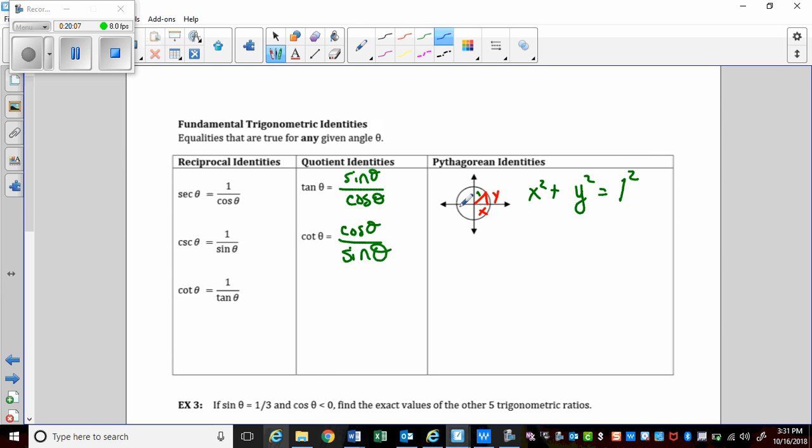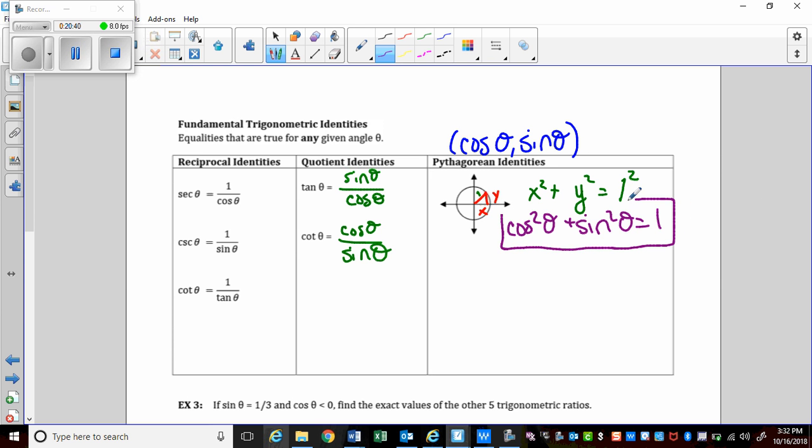But you guys know also that on the unit circle, cosine is my x's and sine are your y's. So I can use this information to show you that x squared, well, cosine are my x's, so cosine squared, plus y squared, well, sine are my y's, so sine squared, equals 1 squared, which is 1. And this identity we're going to use a lot, and we can manipulate it to give us other identities, but they all come from this.